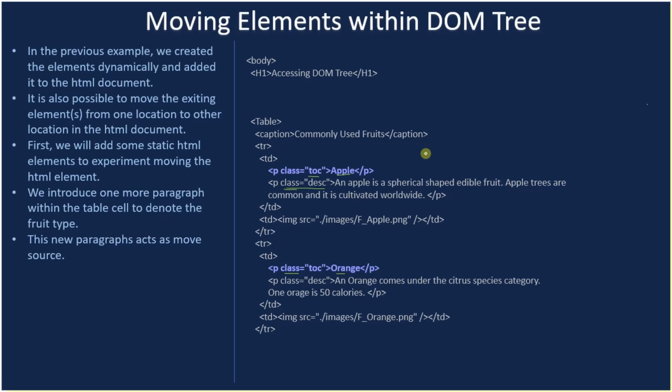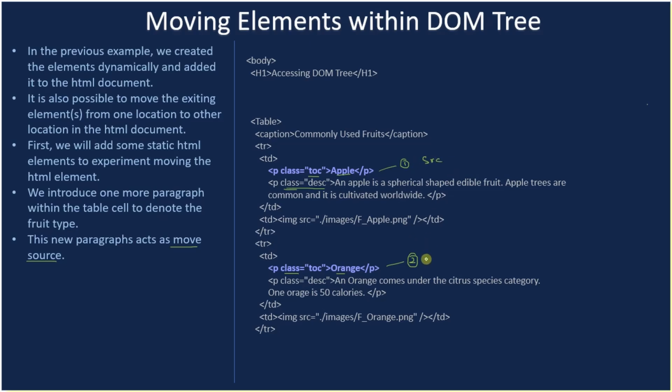This new paragraph acts as the move source. All right. So what we are going to do is collect all these paragraphs. Let's assume that this is coming from the web server and we are parsing the document on the client browser, and we pick all the paragraphs that come with the class attribute TOC, and we will use this as the move source.